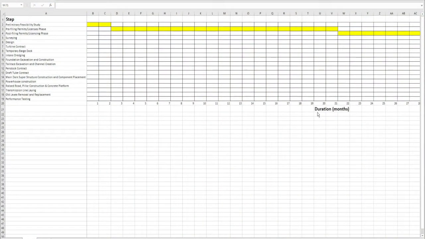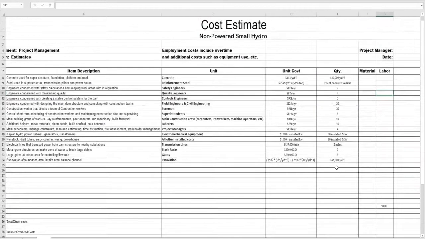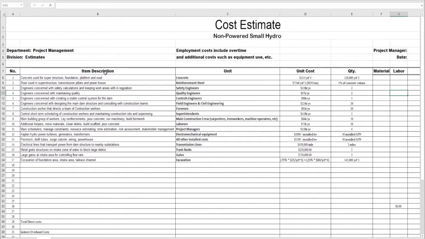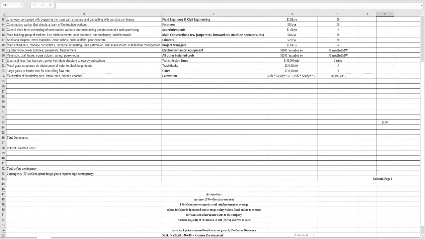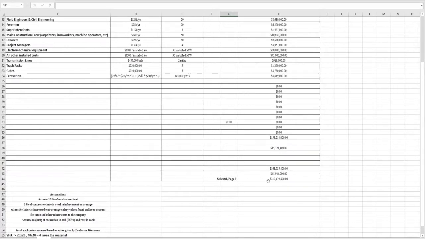For the working prototype phase of the project, we couldn't actually create a physical model since our dam would cost millions of dollars. So instead we created an estimated schedule of the project and a cost estimation of the project. In our cost estimation, we came up with some different things that we thought would be important and listed off their descriptions, did some math, and after factoring a healthy 25% contingency, we came up to $210 million.